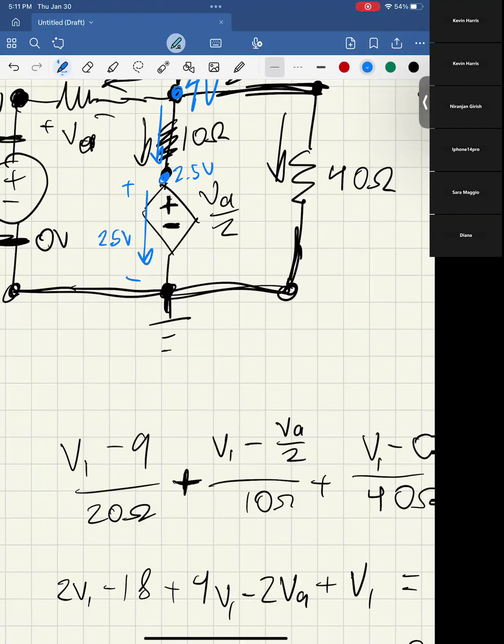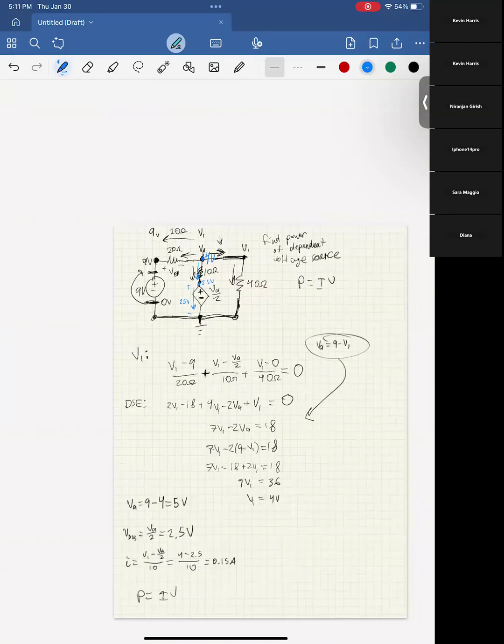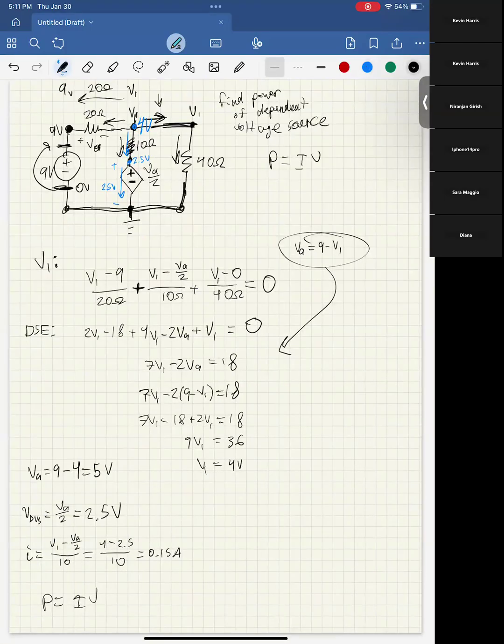Remember, if voltage falls in the direction of current, then it's positive. And here we have that situation. So this is going to be a positive power. So the power is going to be 2.5 times 0.15, which is 0.375 watts. And that would be your final answer.